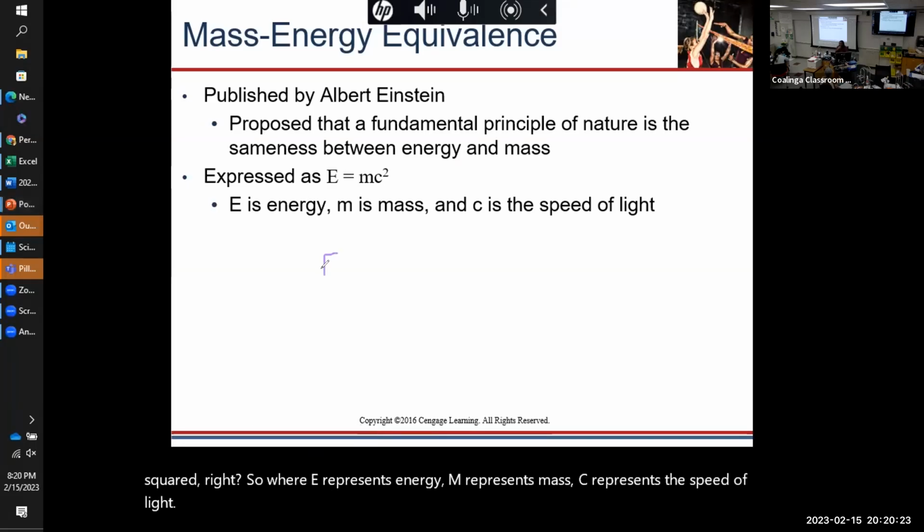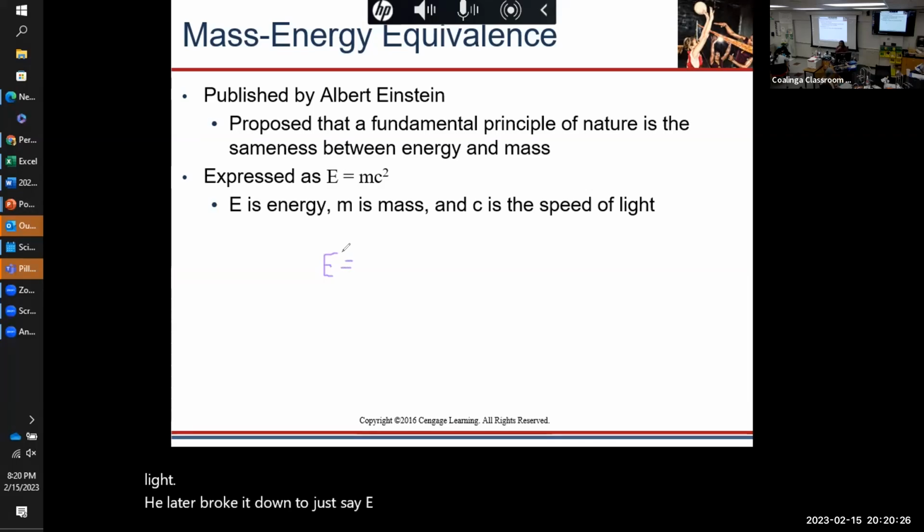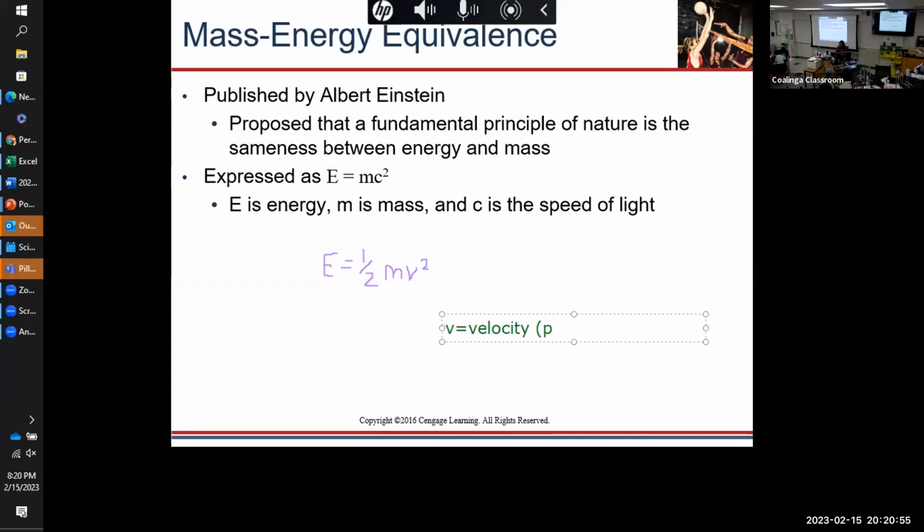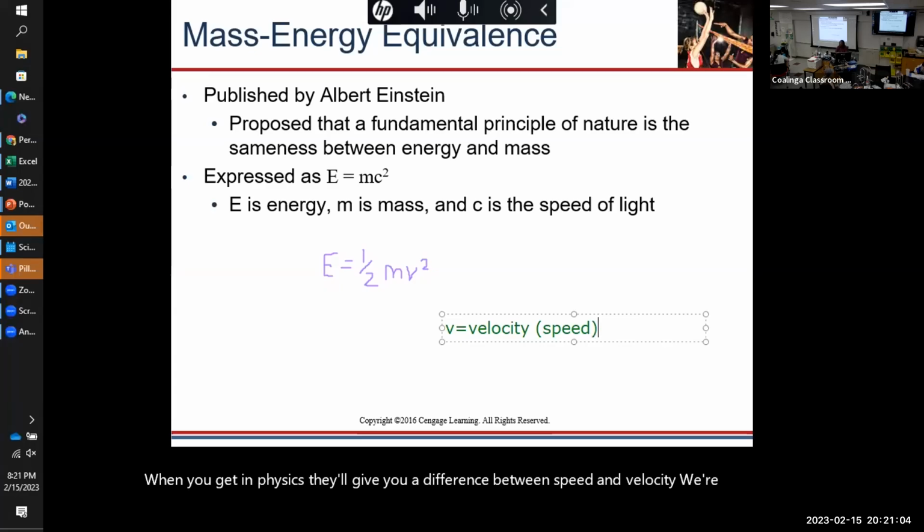He later broke it down to say E equals 1/2 the mass times velocity squared, where velocity represents speed. Now, when you get to physics, they'll give you a difference between speed and velocity. We're not going to do that here. We'll let you say that for physics.